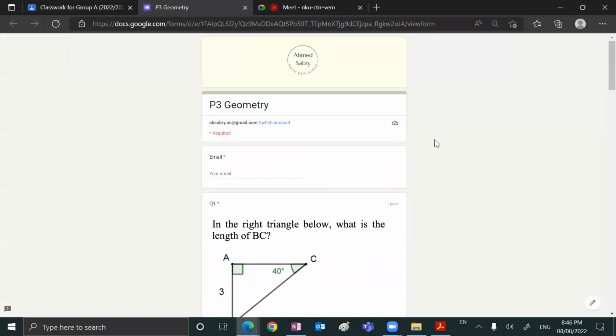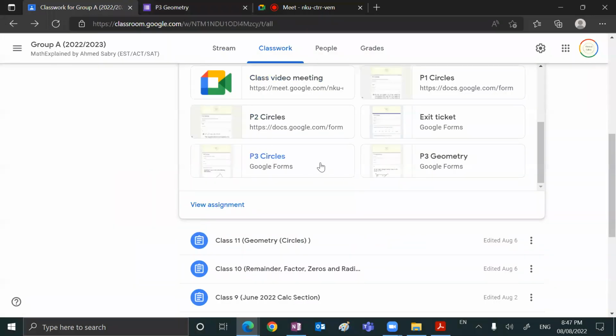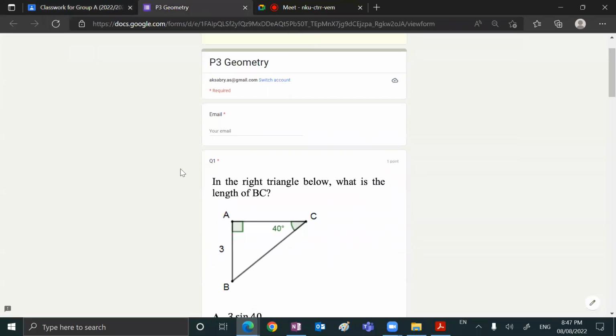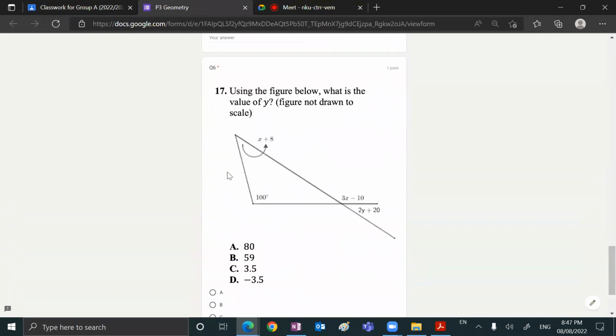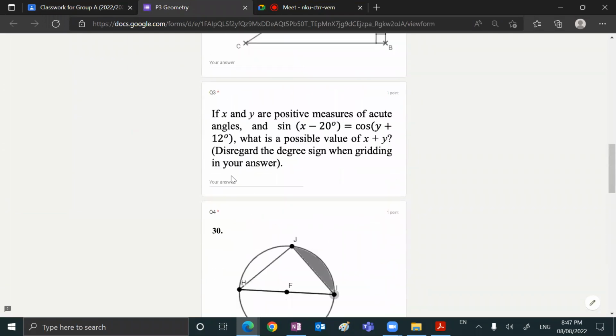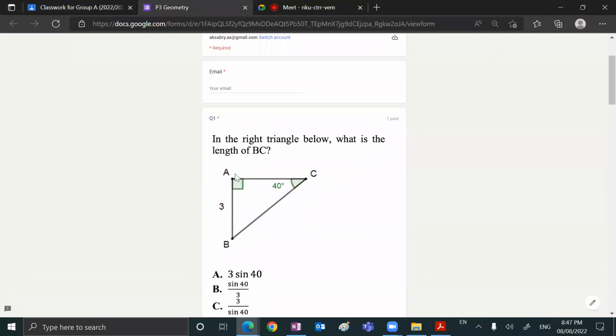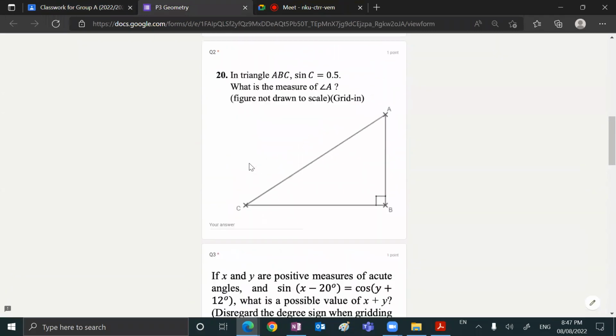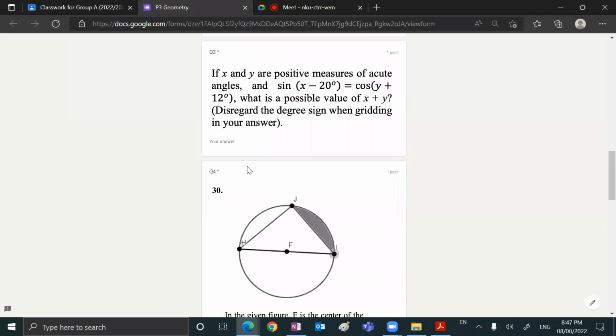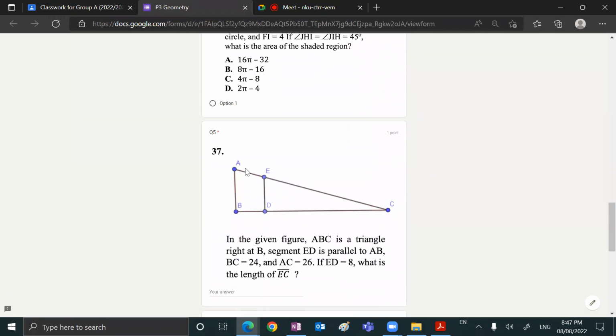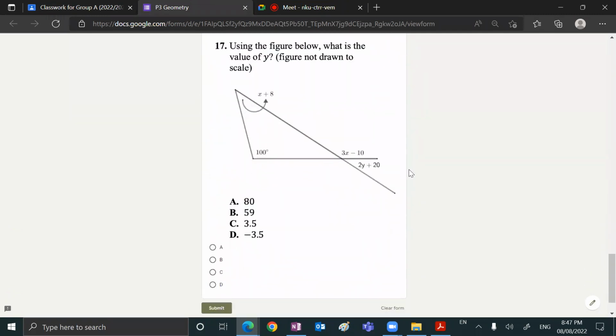If you clicked on the link on Google Classroom, the one that says P3 geometry, not P3 circuits, these are a total of 6 questions. They're all about sines, cosines, similarity, area of shaded region, and exterior angles.